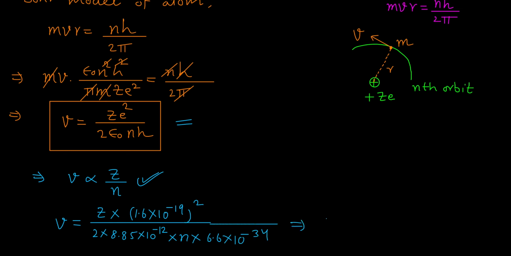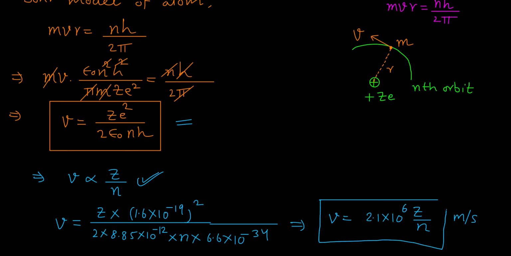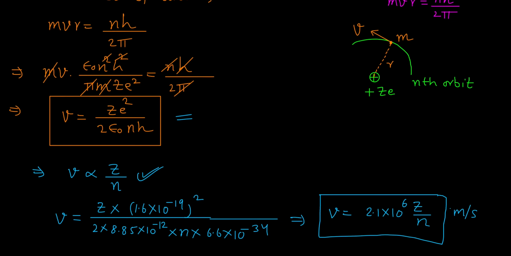If you solve this, you will get v is equal to 2.1 into 10 raised to the power 6 into Z divided by n, in meter per second. So this is the expression for the speed of the electron in the nth orbit of the hydrogen-like species. Using this final result, you can calculate the speed of the electron in any orbit for any hydrogen-like species just by putting the values of Z and n.